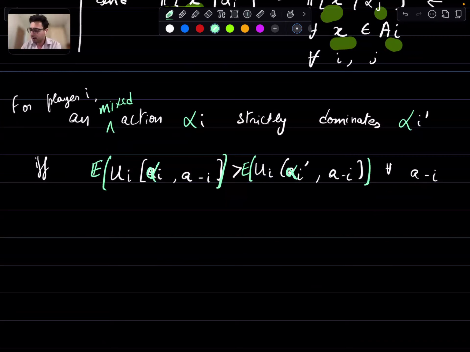And then similarly, weak domination looks like this.